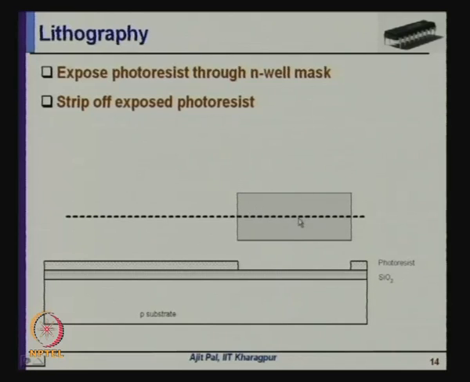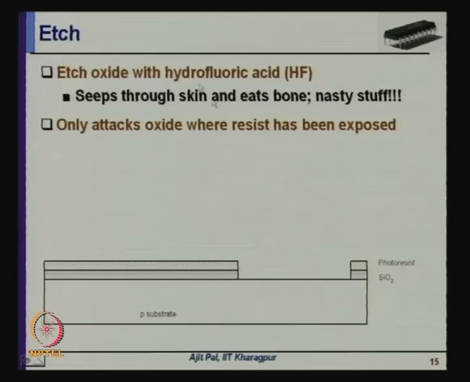So, you require a mask, and this portion is not exposed, as you can see. So, this photoresist can be easily removed from here, and after that by a process known as etching, the silicon dioxide will be removed, etched with hydrofluoric acid.